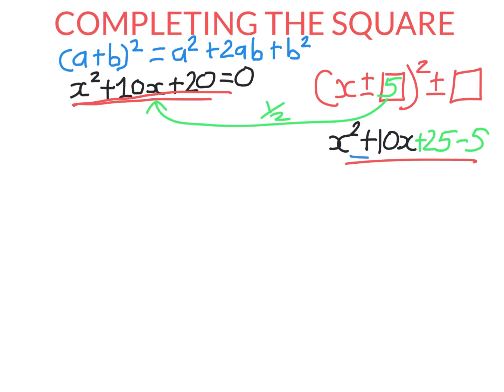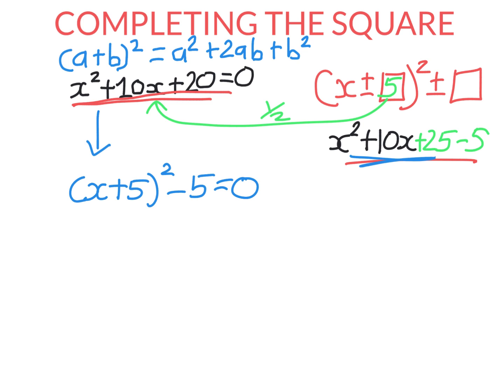So because this is x plus 5 squared, we have reduced this to x plus 5 squared minus 5. We have completed the square. We've put this in completing the square form because this expression and this expression are exactly the same.